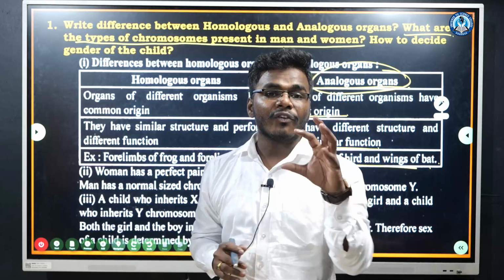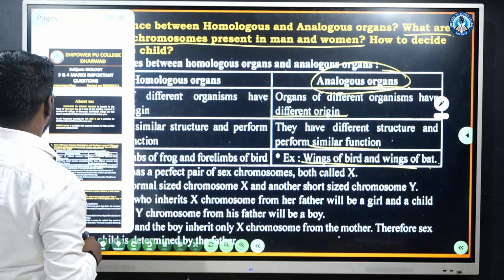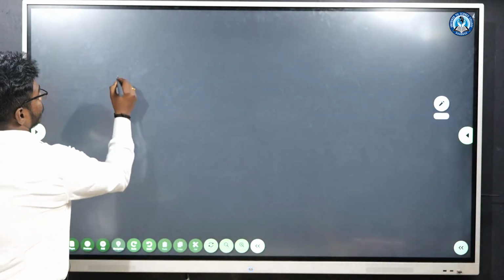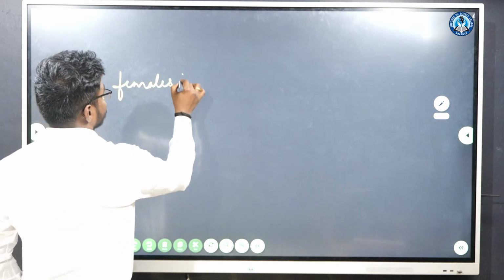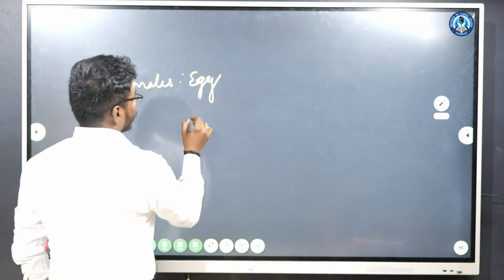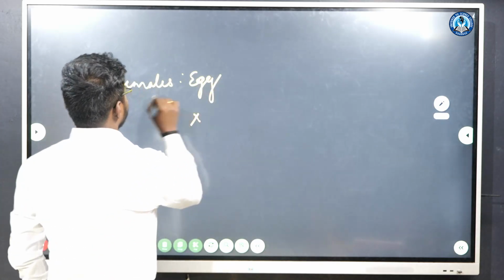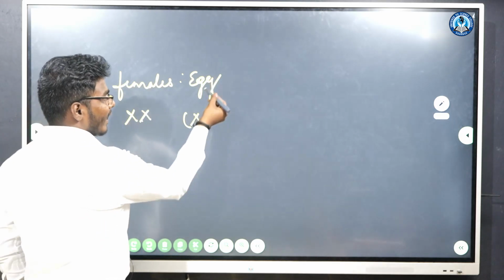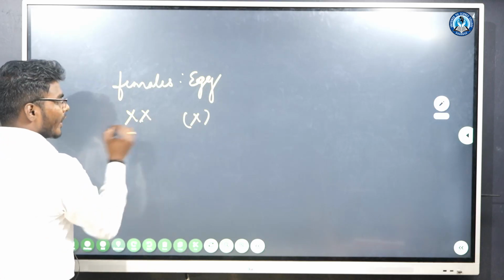As we all know, females produce the egg, which has chromosome X. We usually represent the females as XX because their egg or the secondary oocyte carries X chromosomes, right? So 2 X chromosomes.